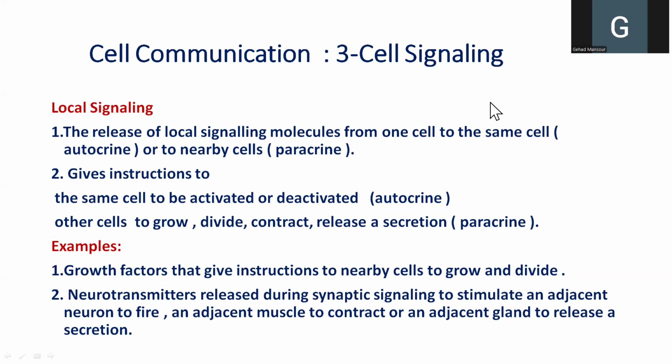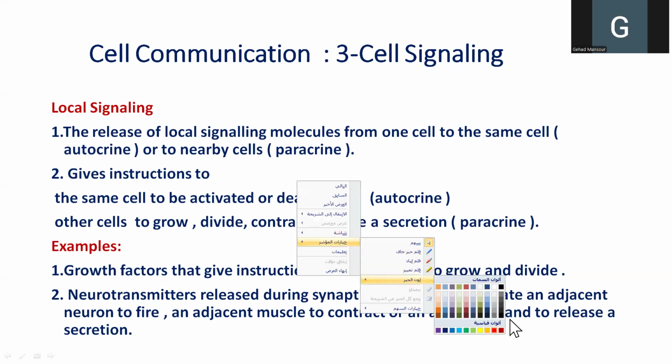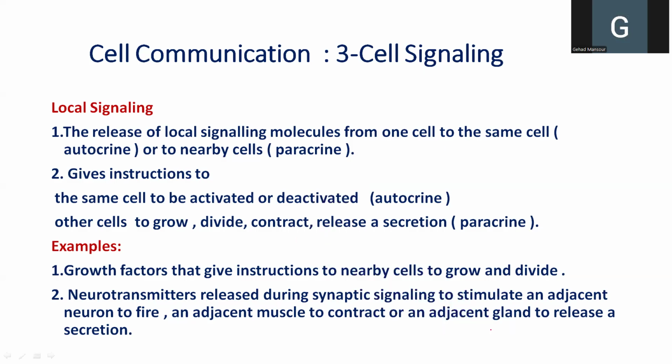We will start with local signaling, and there are several benefits of local signaling. Let's see first how each type of local signaling occurs and how this might benefit the cell. The first example of local signaling is the signaling that occurs from one cell to itself.